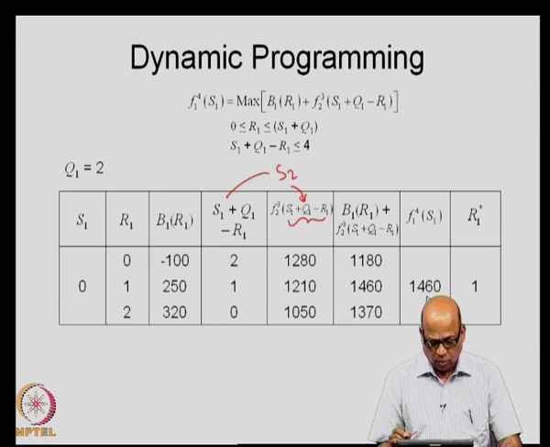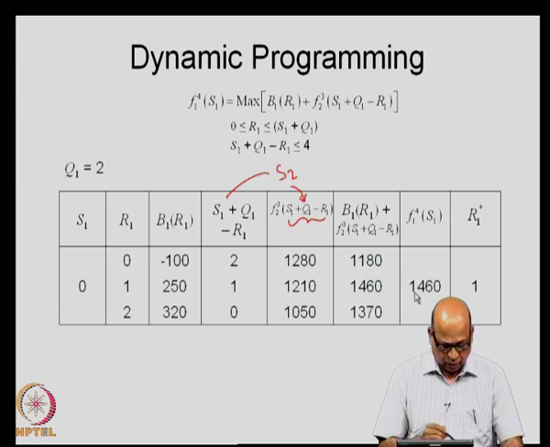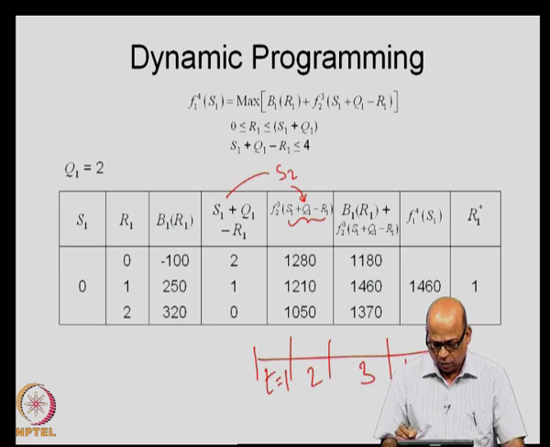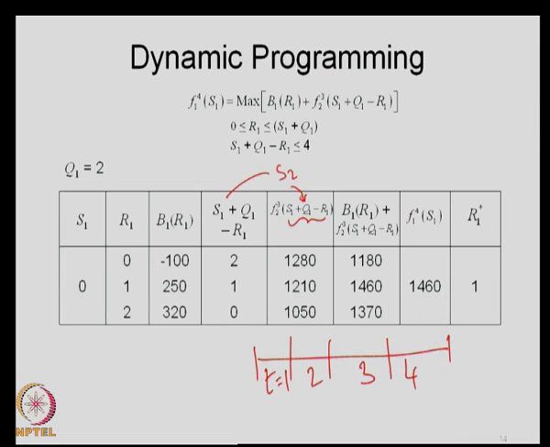What is this maximum value? This is the maximum objective function value arising out of the solution for all the 4 time periods, t equal to 1, 2, 3, 4. All of these are included because you are relating it with the previous stage calculation, which included all these 3 periods' optimal objective function value.